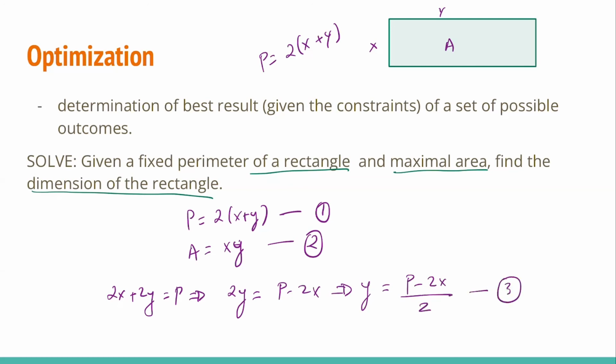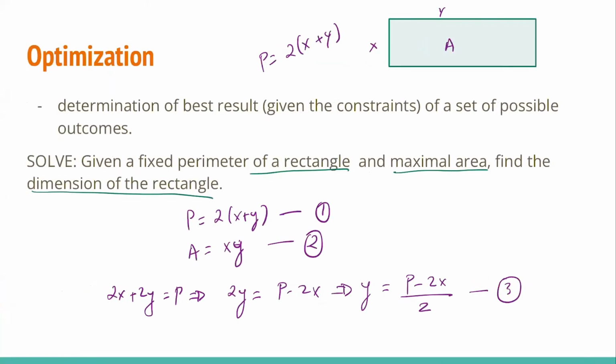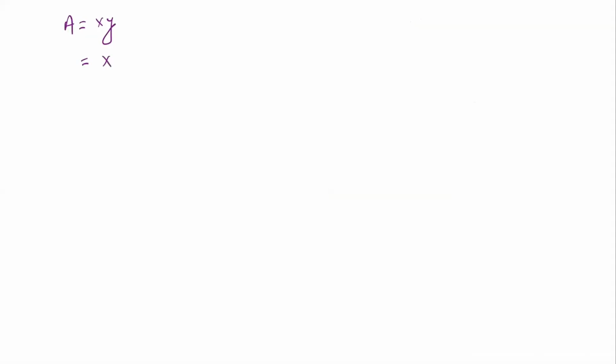So if we have defined a side, which is length, in terms of perimeter, we can plug that value into another expression, which is area, right? We also know area equals xy. So we can get the value of y from equation 3. So we can say x times p minus 2x over 2, right?